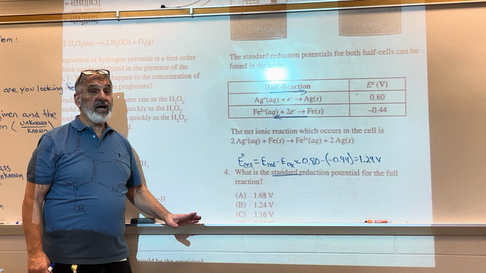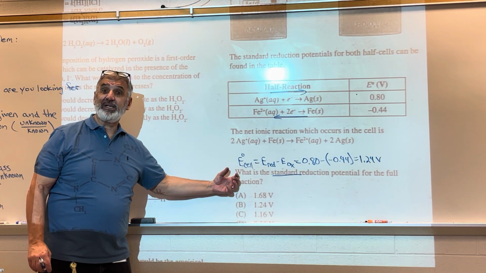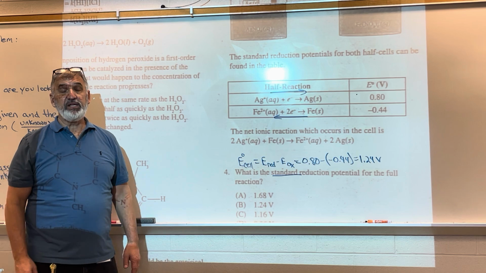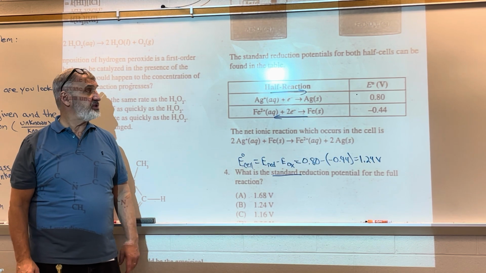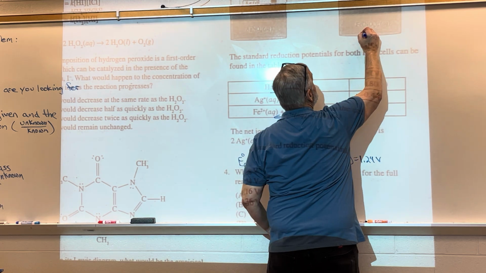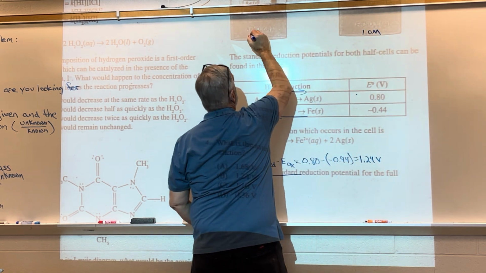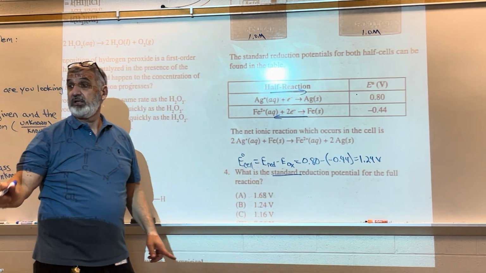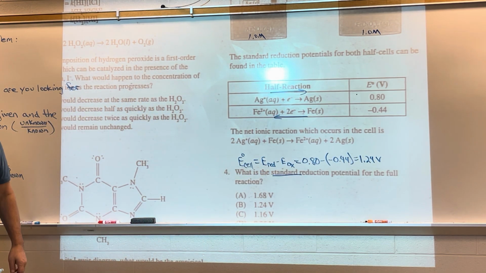Okay? Now, the next one, how do we change this voltage? We can change the concentrations of our cells. Standard conditions, this is 1 molar and 1 molar. That's when you're going to get this. So it's just the absolute value of the total voltage?